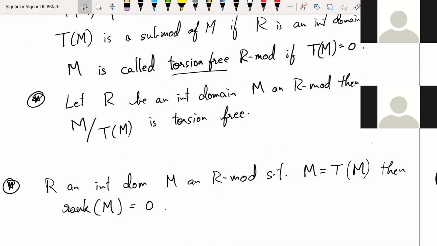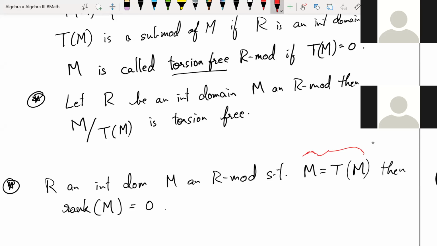And then the last thing I mentioned was if R is an integral domain and M is an R module such that every element in M is a torsion element, then the rank of M is zero.